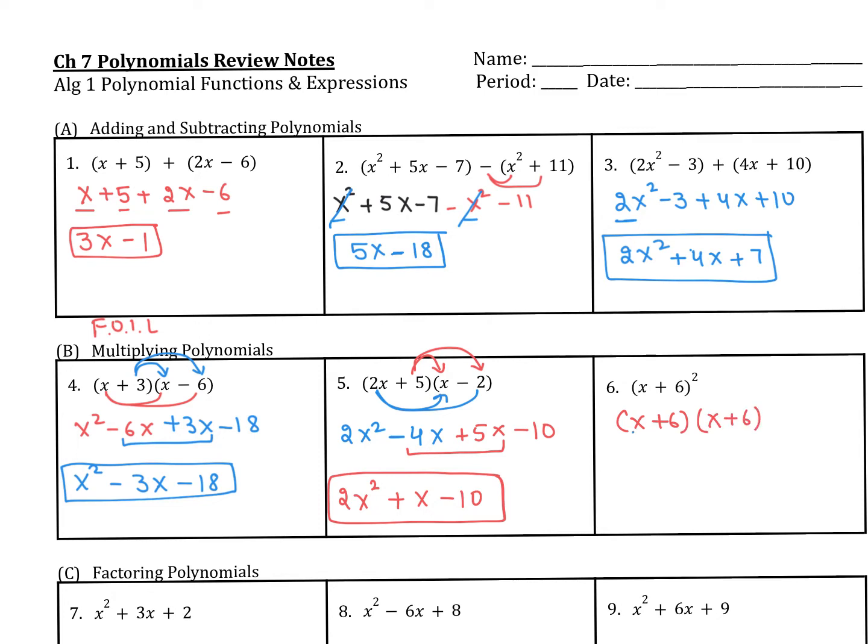And now you can apply the FOIL method. X times x is x squared. X times 6 is 6x. X times 6 is 6x. And 6 times 6 is 36. Now if you notice that this is a perfect square binomial.